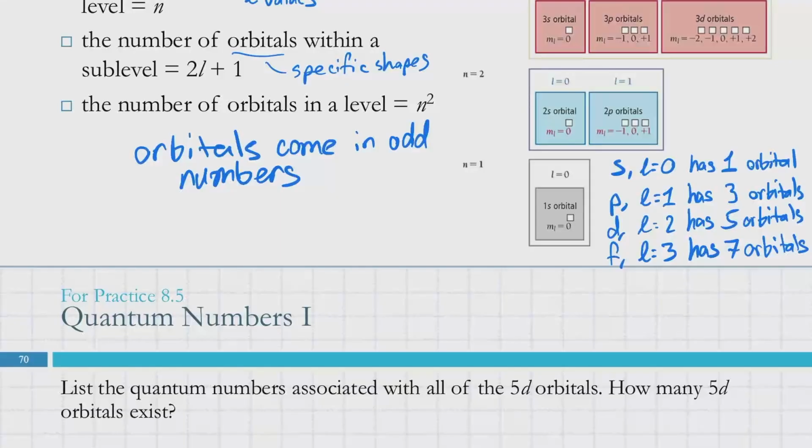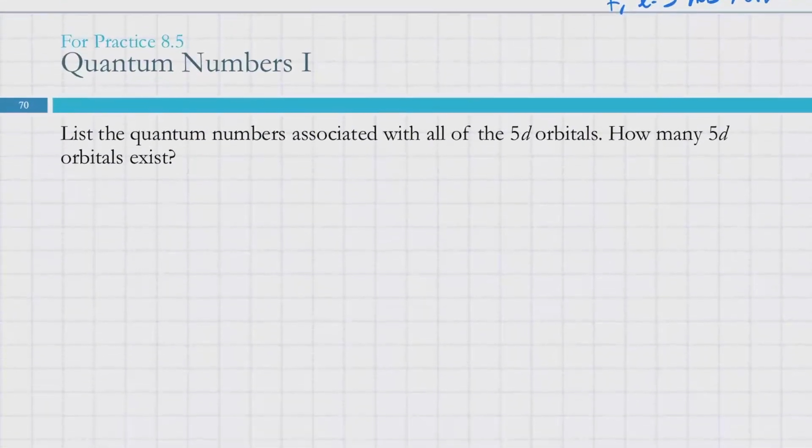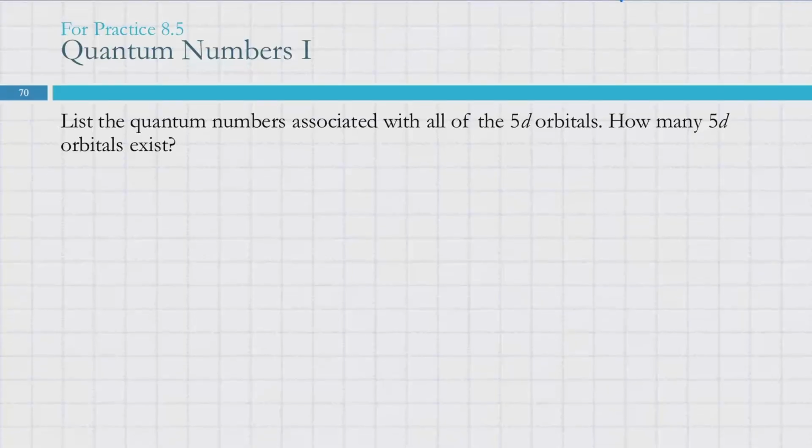Sadly, we're still quite a ways away from seeing the actual pictures. But we can still play around with our quantum numbers a little bit. What are the quantum numbers associated with all of the 5d orbitals, and how many 5d orbitals exist? What's the first quantum number that we would come up with?